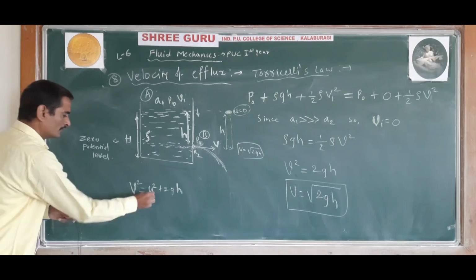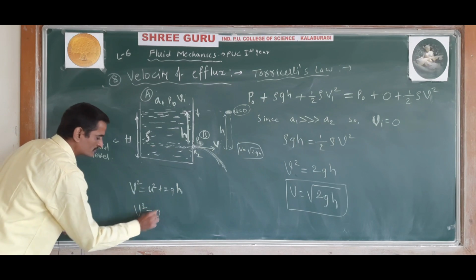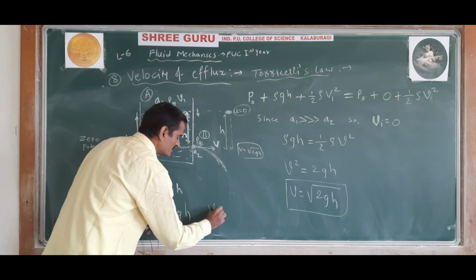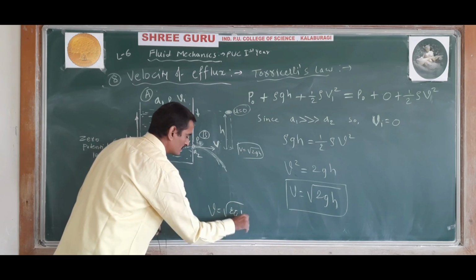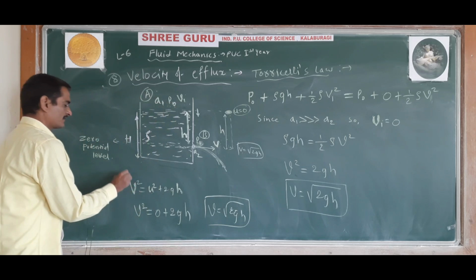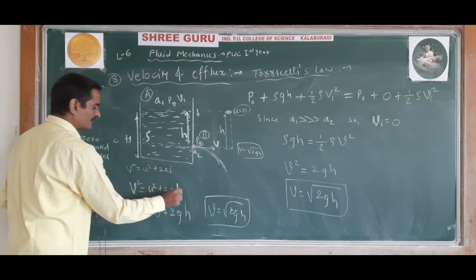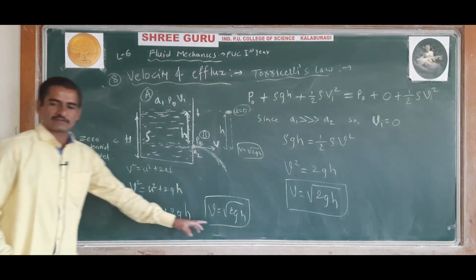So v square is equal to 0 plus 2gh. Therefore v is equal to under root 2gh. Understood? I directly wrote it. Actually this formula is v square is equal to u square plus 2as, and s is equal to h. Then you will get all these things.